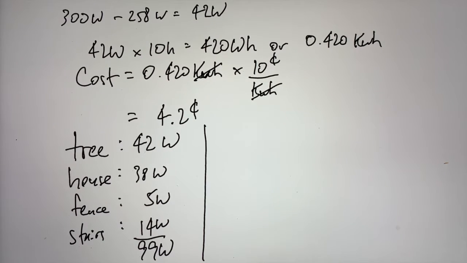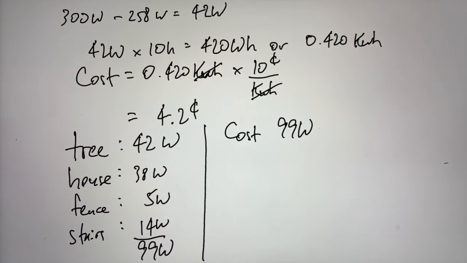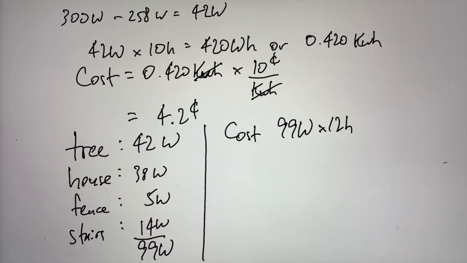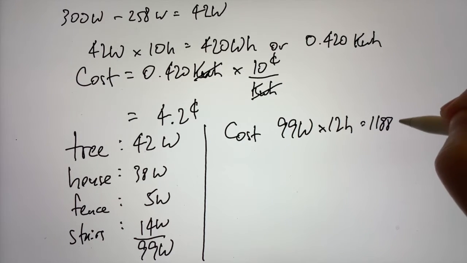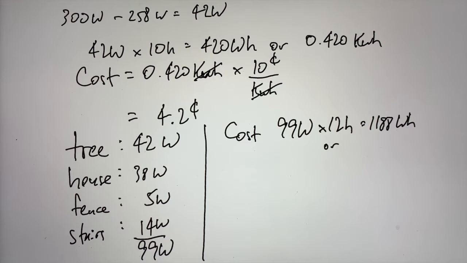To find out the total cost for all of my Christmas lights for the entire month of December, here's what I'd have to do. I'd take my 99 watts, which is the total amount of power that all of my lights are using. Let's say I leave them on for 12 hours a day. Well, 99 times 12 is 1,188 watt hours. I do a quick conversion by dividing by 1,000 to make it kilowatt hours.